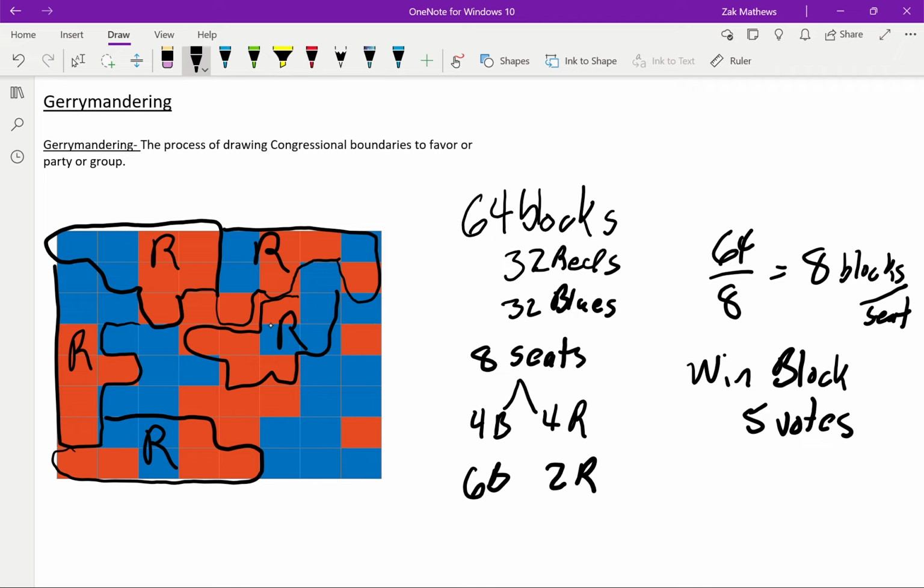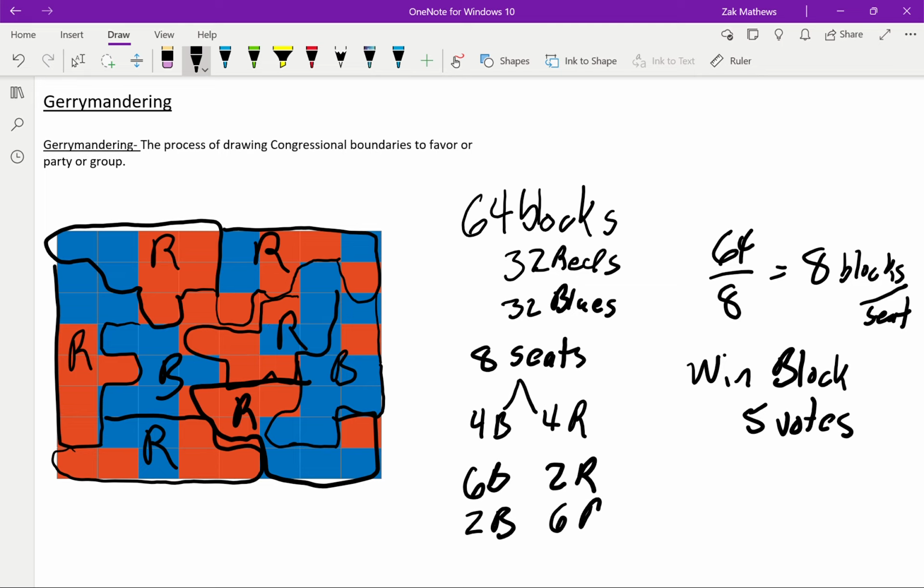So maybe this one I'm just going to write off as my blue district. 1, 2, 3, 4, 5, 6, 7, 8. So that's going to be a blue win there. I've lost one. But then I might be able to include these 3 over in this one through that pointwise continuity. So there's a red win, and then there's another blue win. And so we've ended up with 2 blues and 6 reds.